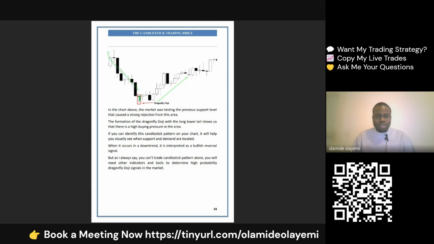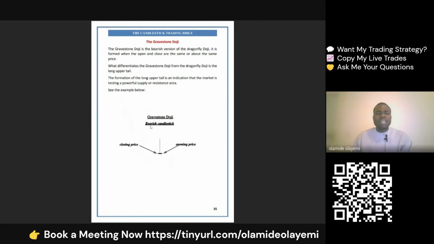And when it formed this, see what happened? It started going back up. That's telling us that the pressure of the sellers is coming to an end, and it's likely that the buyers are going to take control. So this is a signal that you need to look out for. When you see a dragonfly doji, it's telling you to stop selling, it's time to buy. All right, so we have the gravestone doji.